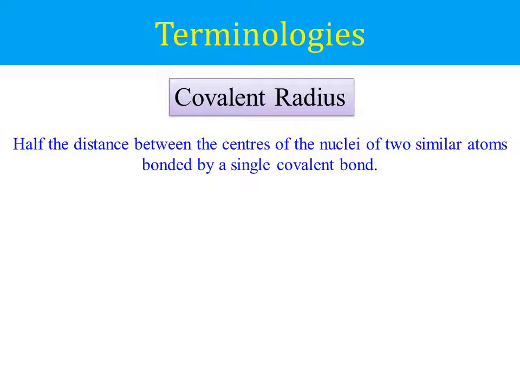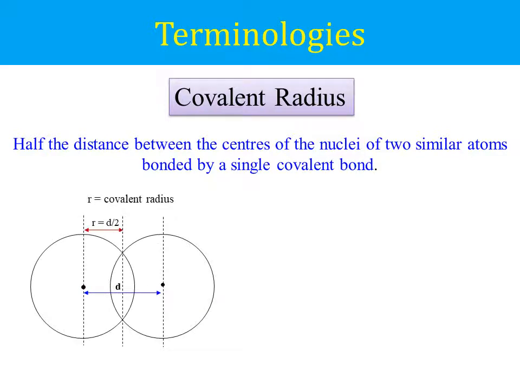So we have the covalent radius with a diagram which represents that two atoms have overlapped and are under a covalent bond. They are sharing a bond between them, that's the covalent bond. Due to that, the nuclei of the two atoms are at the closest distance between them.